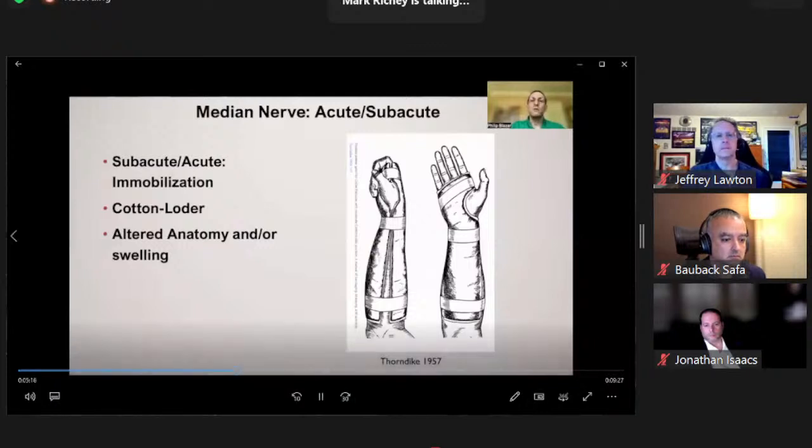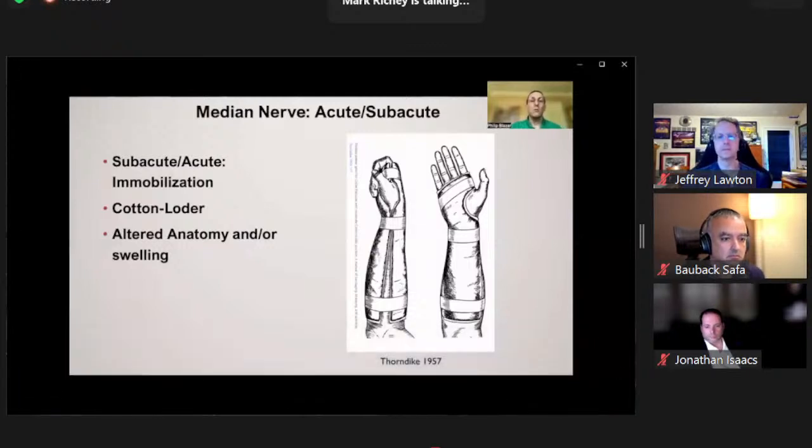As we move into the subacute category, but also in the acute category, it's worth thinking about the role of immobilization. I think all of us as residents know that if a patient develops neurologic dysfunction and has had a reduction or is just maintained in external immobilization, such as a plaster, that modifying the immobilization can certainly improve the neurologic symptoms.